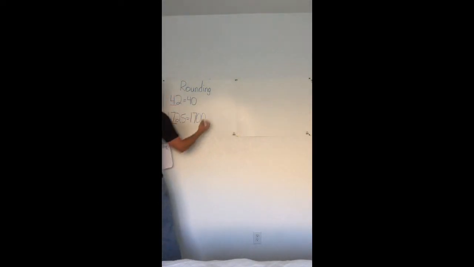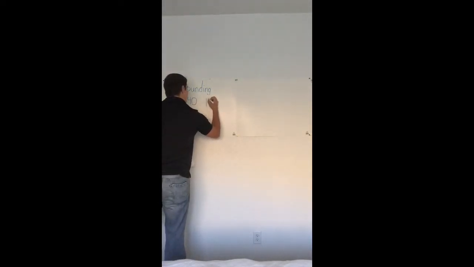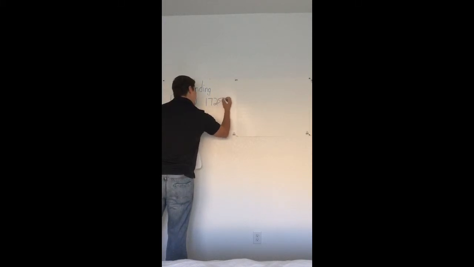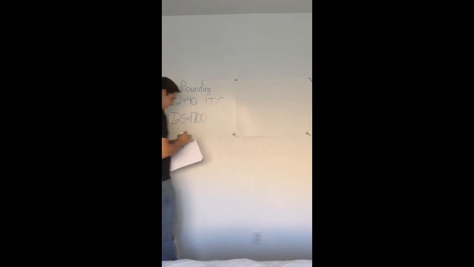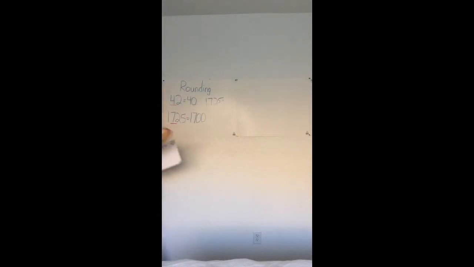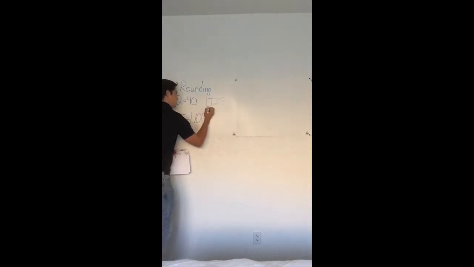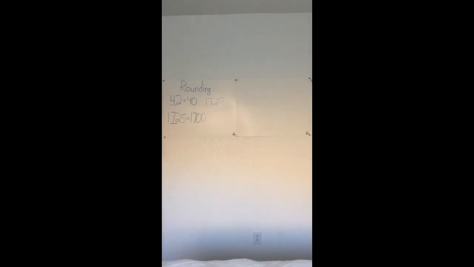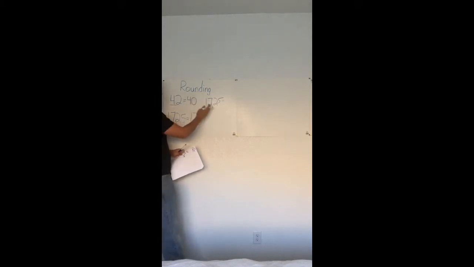All right, let's say we take that 1,725 and I want to round, let me see, what place is this? Yes, our thousands place. If I want to round to the thousands place, I look to the number to the right of our thousands place.